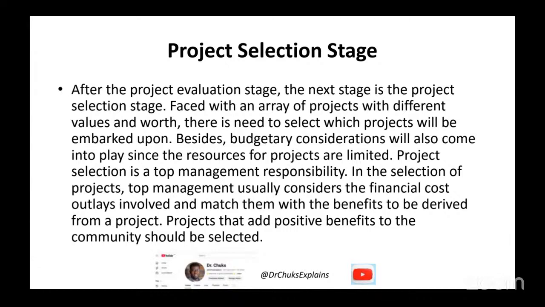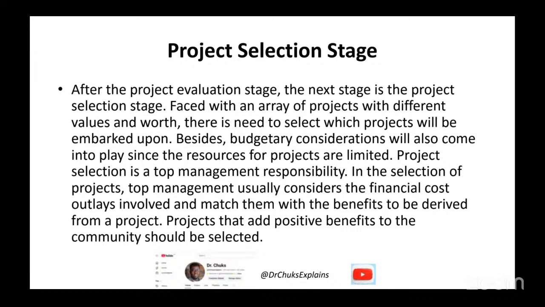And then at this stage it comes into play, because the project selection is done by presenting all the rudiments, the properties of each project. Of course, it's the top management's responsibility to carry out the project selection, considering all the variables around the project that have been presented.